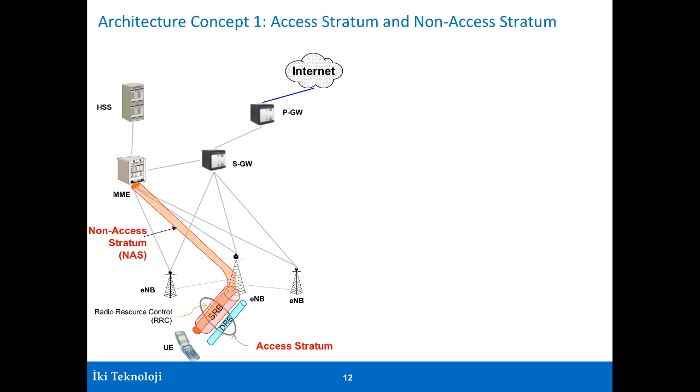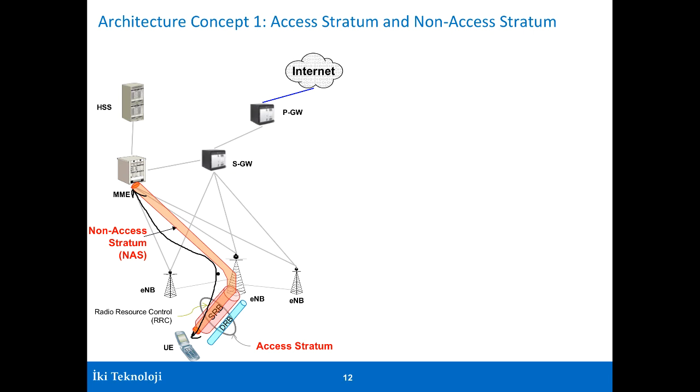And your non-access stratum is actually your communication between the mobile and the MME. And this is all the signaling messages that go between the mobile and the MME: authentication request, authentication response, security mode command, and we'll cover some more of these, and also setting up PDN context requests.